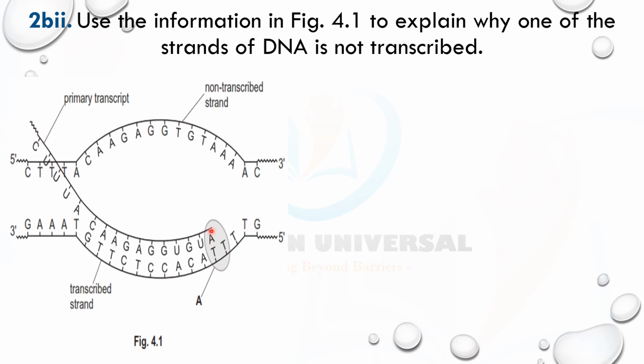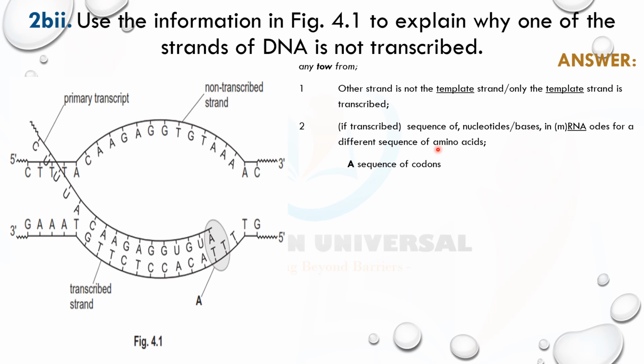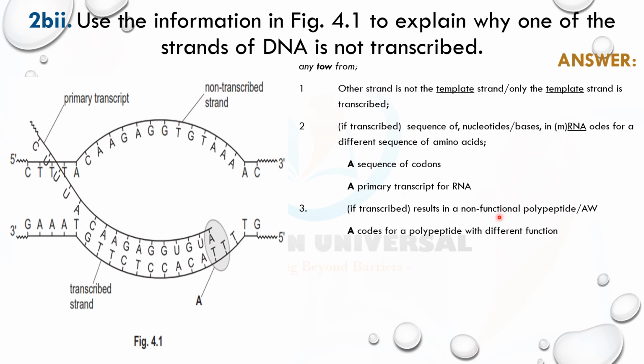All right, let's see what the mark scheme says. Any 2 from: other strand is not template. Of course, we've said it. So the strand is not transcribed, 1 mark. The transcribed sequence of nucleotide bases in mRNA codes for a different sequence of amino acids, so accept sequence of codons, and accept primary transcript for RNA. If transcribed, it results in a non-functional polypeptide, or codes for a polypeptide with different function.